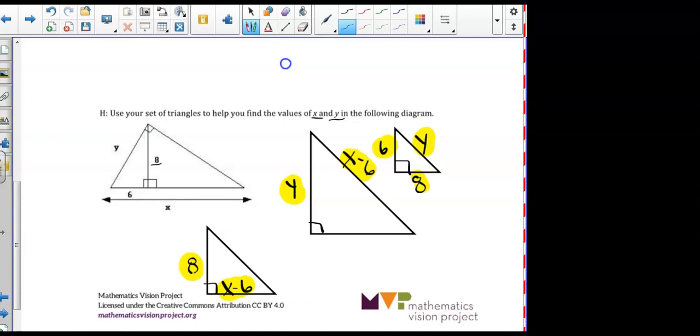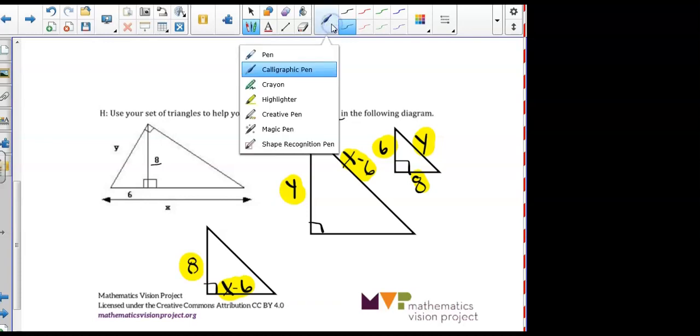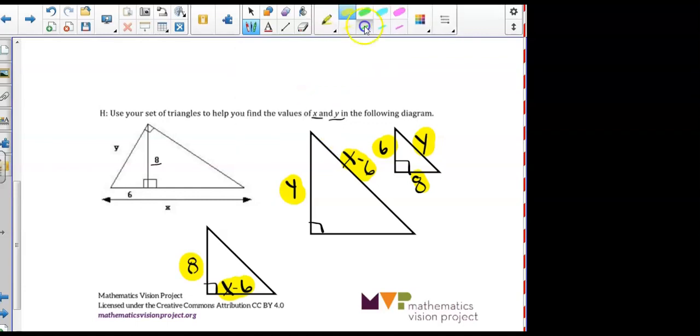So what I've done here is I've taken each of these triangles on the left, and I can highlight them for you. In green here, this is the smallest triangle, and I've drawn the green triangle over here. The shortest leg on that triangle is 6. The longer leg is the altitude, or 8, and the hypotenuse is y.